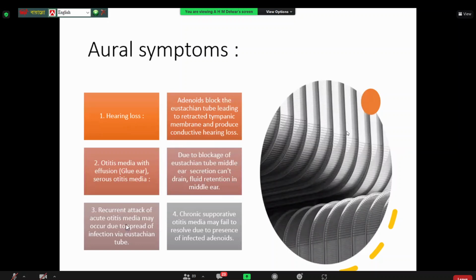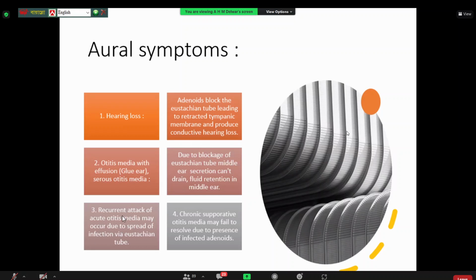Recurrent acute otitis media is due to spread of infection in the eustachian tube. Chronic suppurative otitis media, chronic otitis media, may fail to resolve due to the presence of infected adenoids. In the previous class, one student asked me about a relative who had recurrent pain.